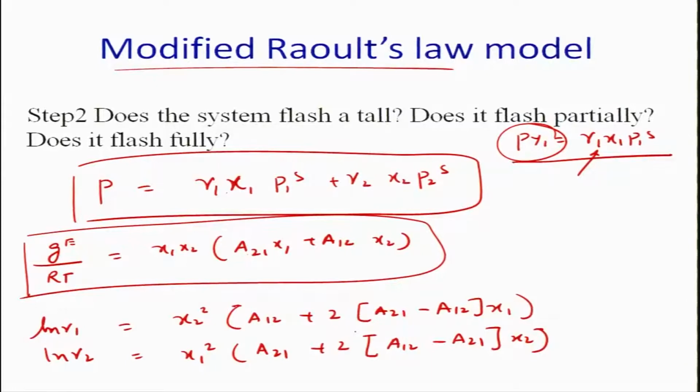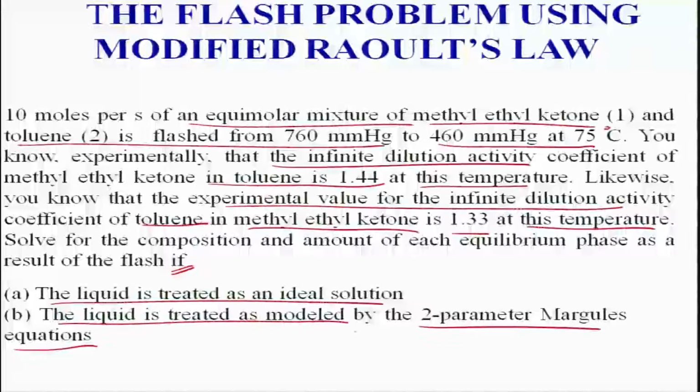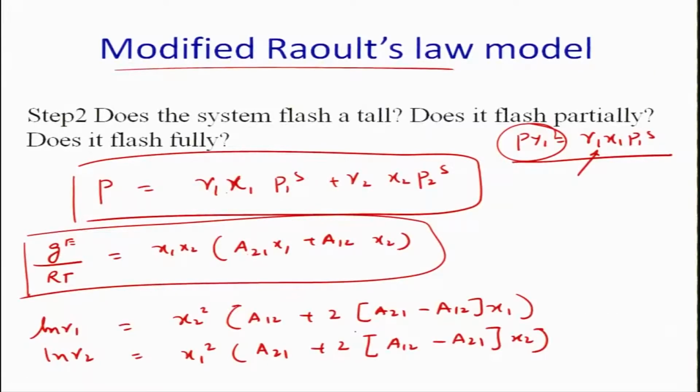If you look at the question, what is given to us is also the infinite dilution. So, if you use this infinite dilution information, let us say plugging x1 to be 0, which means x2 is equal to 1, then ln gamma 1 infinity would be A12.